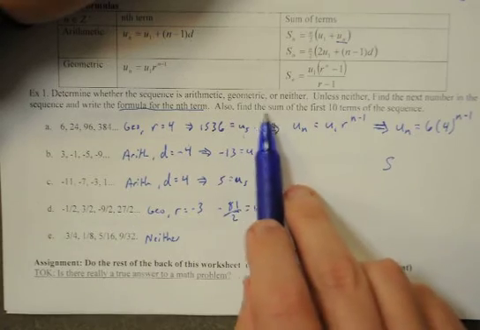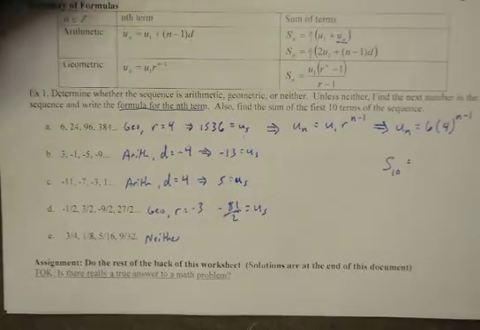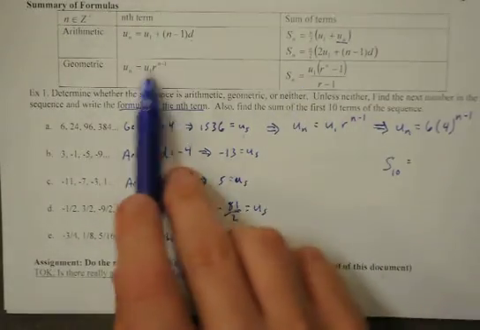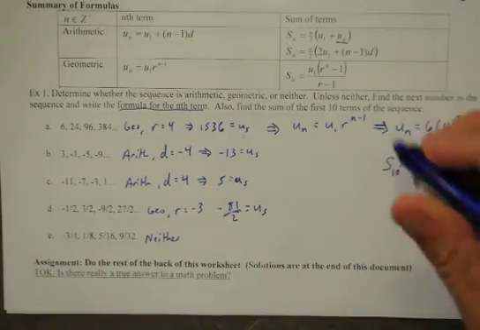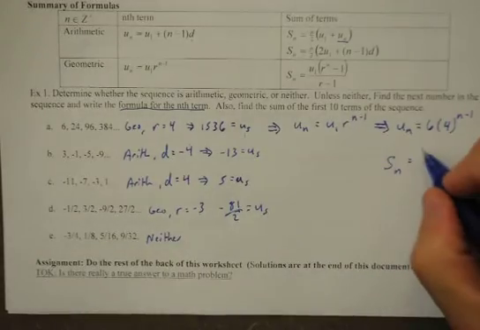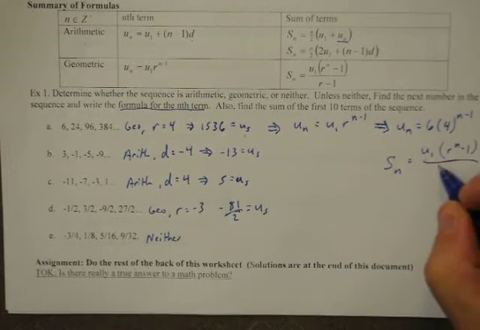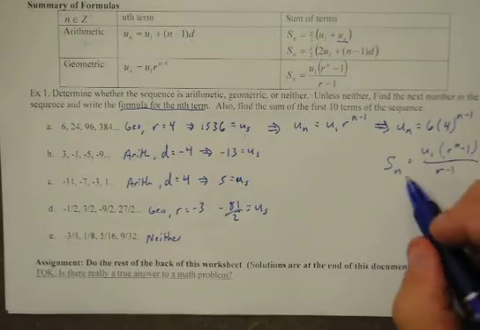Looks like I'm going to run out of room, but if I want to find the sum of the first 10 terms, it's geometric, so we use this equation right here. Let me write it out fully. Okay.